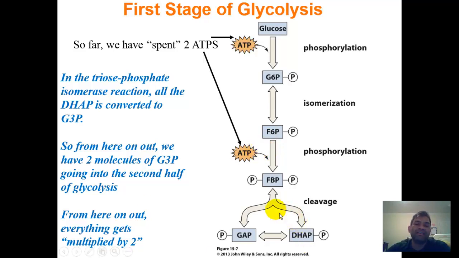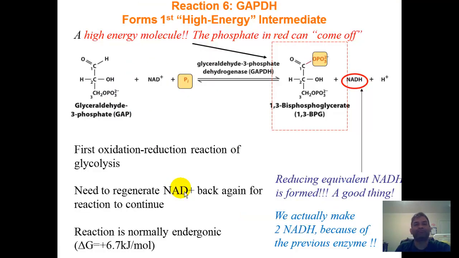All right, since triose phosphate isomerase makes 2 molecules of GAP, glyceraldehyde 3-phosphate, from here on out, reactions 6, 7, 8, 9, 10, we're going to multiply everything by 2. So instead of 1 molecule of GAP going, 2 molecules of GAP are going. Okay, glyceraldehyde 3-phosphate. G3P or GAP both stand for glyceraldehyde 3-phosphate.